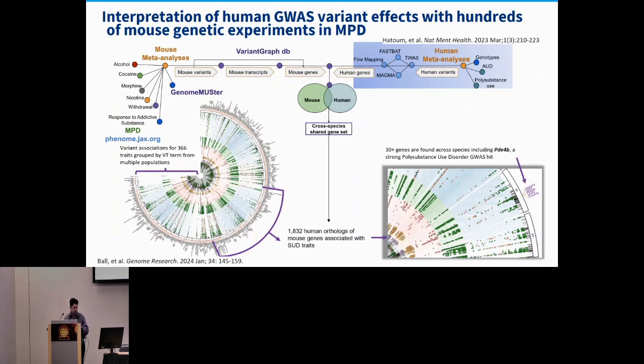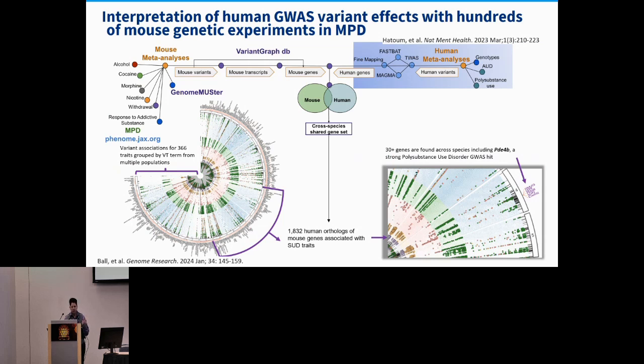And this is a really complex figure, but let me boil it down for you. My colleague, Alexander Hatoum, at the PGC has done a lot of meta-analyses related to multi-substance use. And so he and his collaborators have identified a set of genes related to multi-substance use in people. So then over here at the mouse, I said, hey, we've got some of that same data, right?